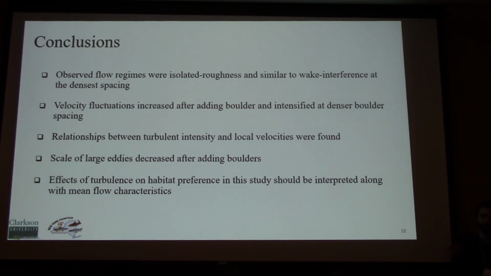It's not a good sign for fish. But we cannot just decide based on this, because also the streamwise velocity decreased, and it's important too. And we should actually see how they affect the specific species. We should consider both mean and turbulence parameters.